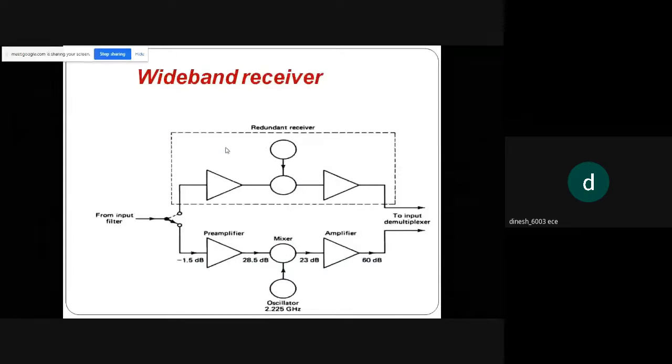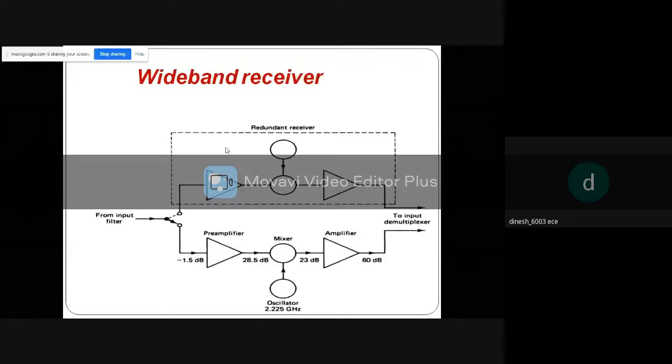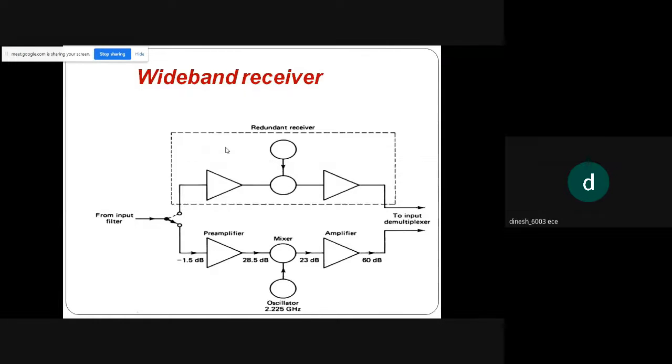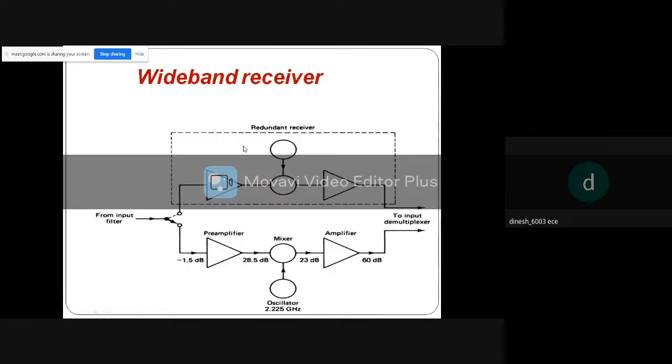We have the input signals, and through the input filter they are fed into preamplifiers. We have the same duplicate receiver at the top. Okay, so if this receiver at the bottom fails, automatically the upper receiver will work.